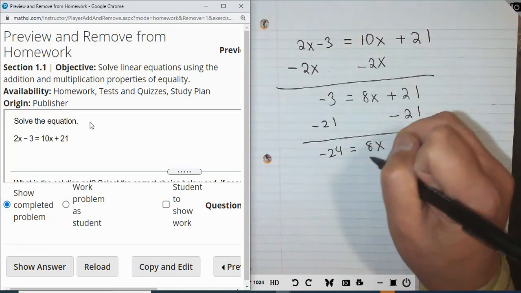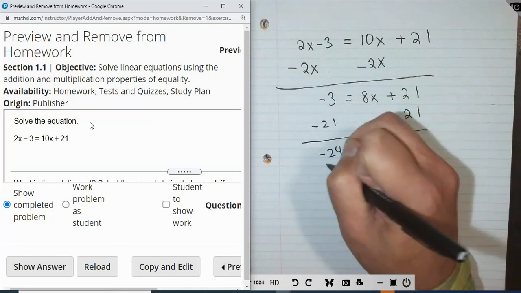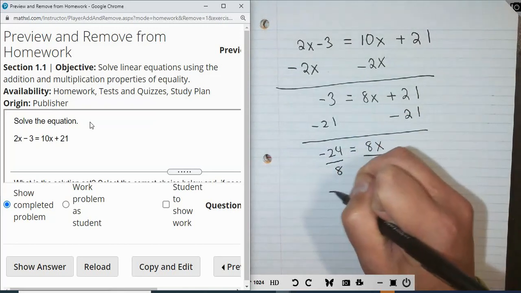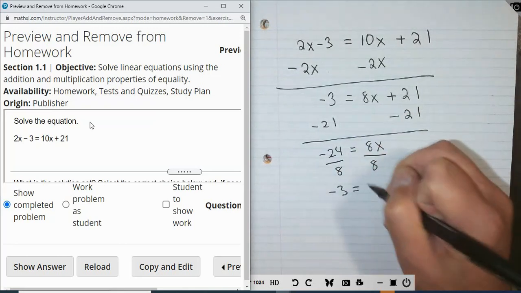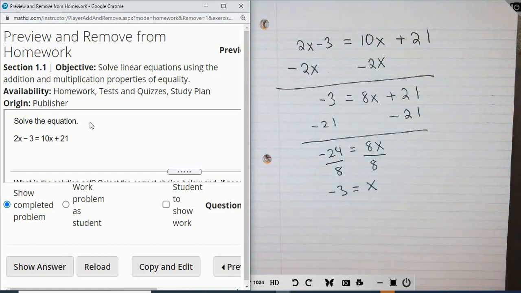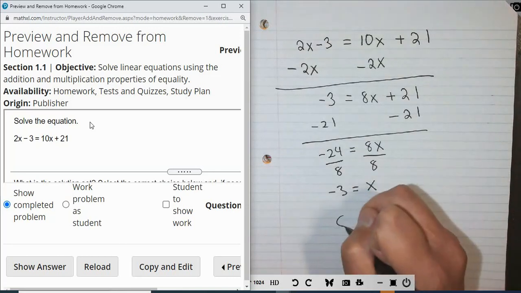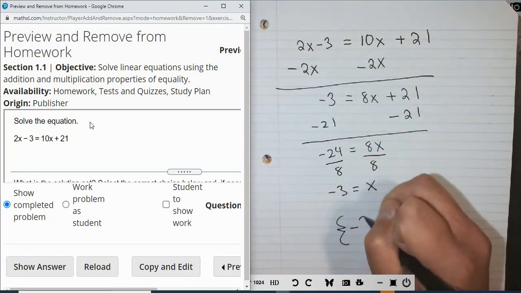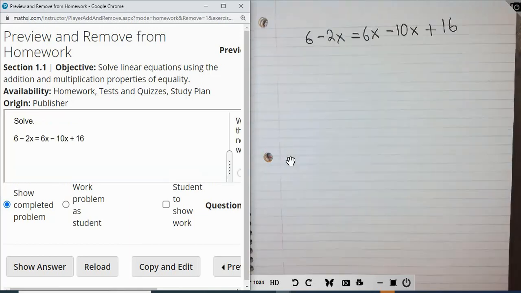To do that, I'll divide both sides by 8, and I got x equals negative 3. And remember, our textbook wants us to write this as a solution set. So our solution set here would be negative 3. Again, it is asking us to solve the equation.